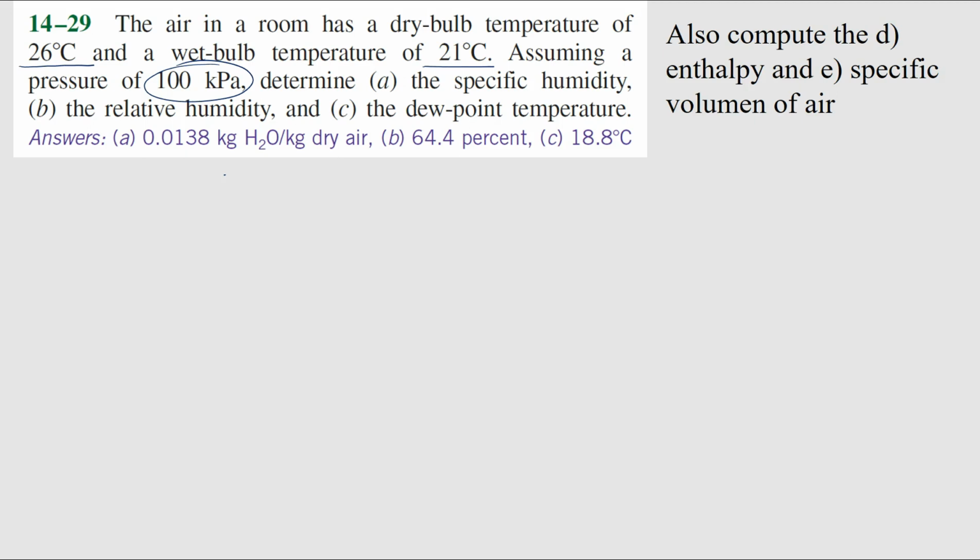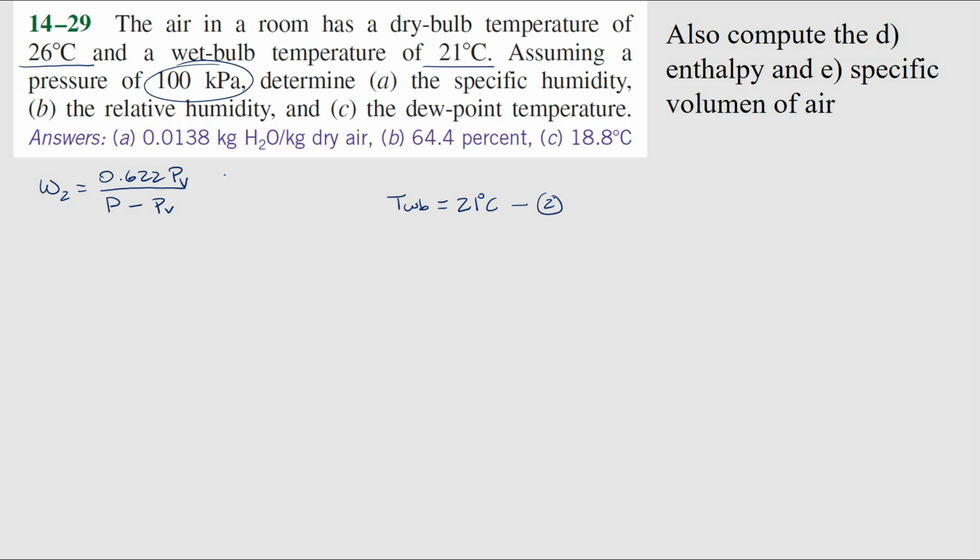Okay, so first of all, we are going to remember our relations from our adiabatic saturator. We recall that we have omega 2, where omega 2 is the exit of the saturator. So that will correspond to our wet bulb.